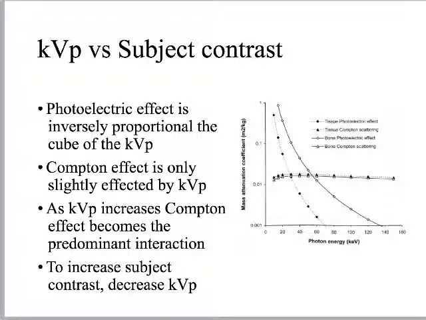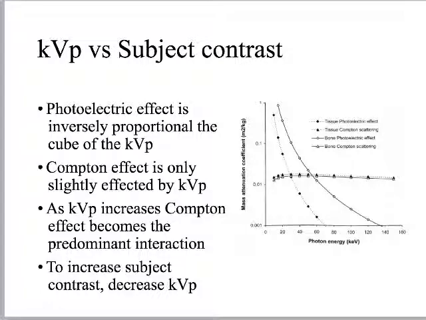So just to review, and to put it in really nerdy mathematical terms that X-ray techs might need to know: photoelectric effect is inversely proportional to the cube of KVP. What does that mean? It means it is exponentially going to fall off. When you see inversely proportional to the cube, just know it's going to plummet, right?